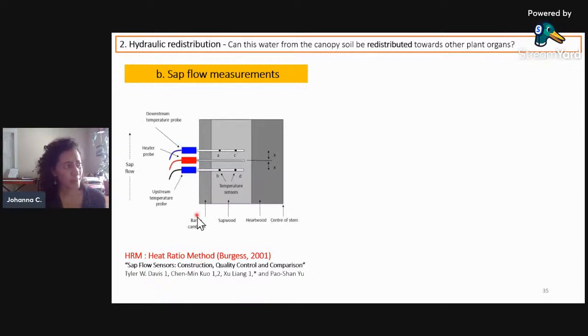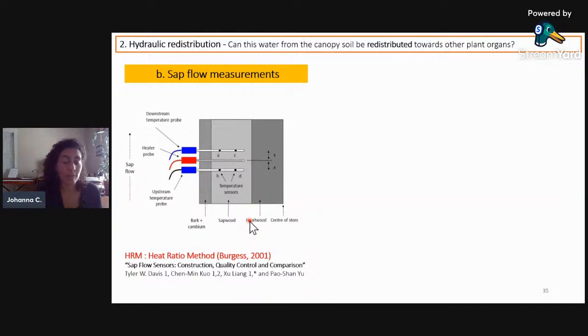This heat ratio method consists of, so this gray box is a trunk, and then the heat ratio method consists of heater probes. So it's based on heat diffusion. These sensors are made with 3 different probes. There are 2 probes that are temperature probes, and there is one in the middle that is a heater probe.